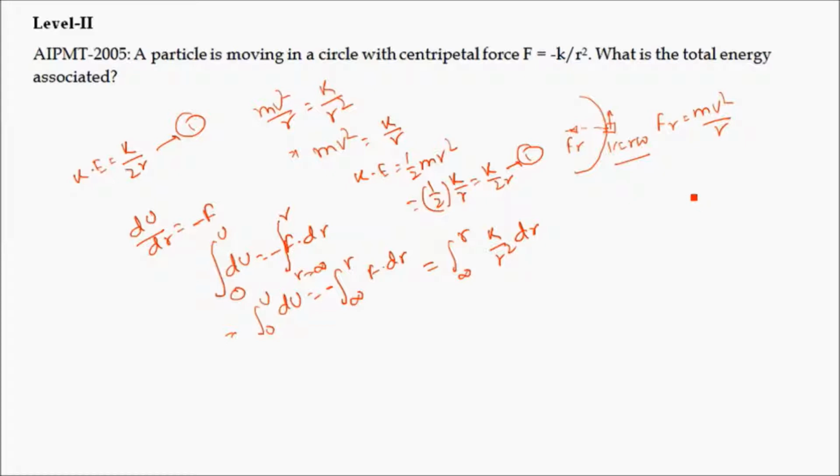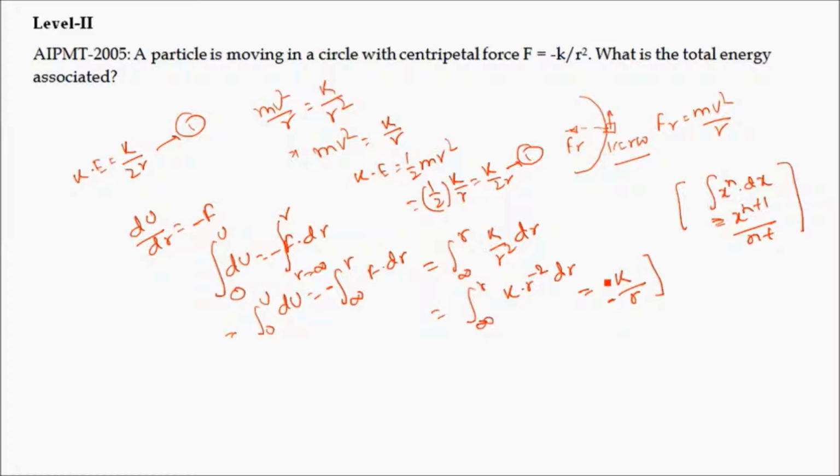Now we have to integrate it. For those having no idea about integration, I will write down the formula: if we integrate x to the power n, we get x raised to power n plus 1 divided by n plus 1. So it is equal to the integral from infinity to r of k into r to the power minus 2 dr, and on integration we get minus k divided by r, with the limit infinity to r.